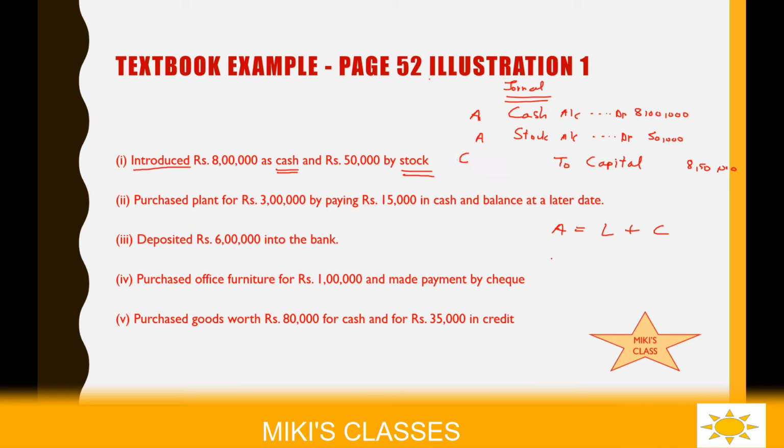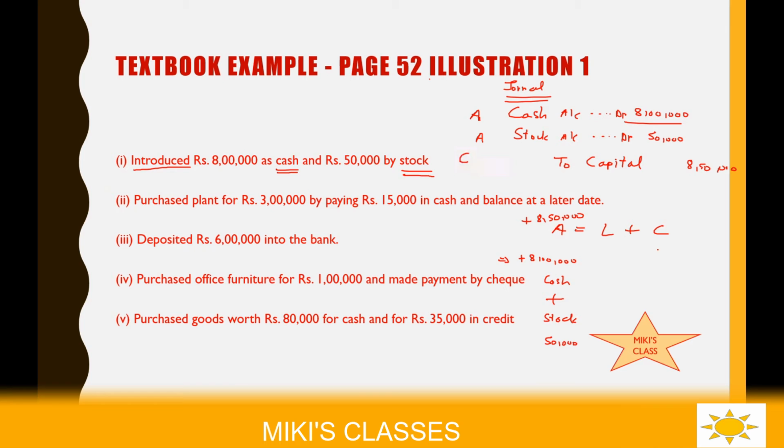Correct. So now what will happen? Think about it. On the left hand side of the equation, what has happened? Assets in terms of cash has gone up by 8 lakhs, right? 8 lakhs has come in the business, plus also in terms of stock, how much has come in? 50,000. So the left side of the equation, assets, goes up by how much? 8,50,000.